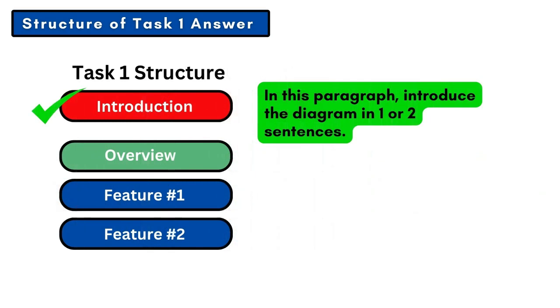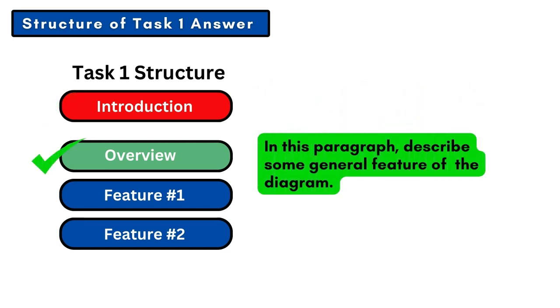Number 1, first paragraph is the introduction. In this paragraph, introduce the diagram in 1 or 2 sentences. The next one is the overview paragraph. In this paragraph, describe some general feature of the diagram.